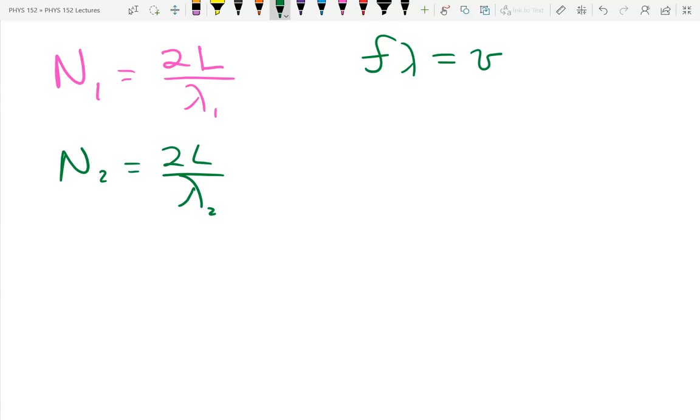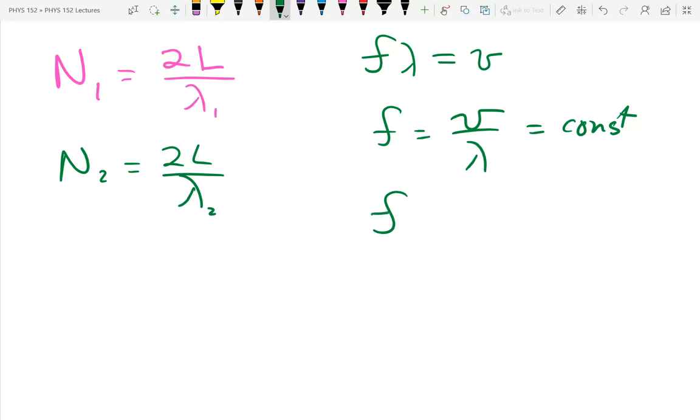If I have a string that's 2 strings knotted together, one thicker and one thinner, so you have different speeds, the knot has to stay together on both sides. Otherwise, you've broken it. So the frequency has to be the same on both sides. The wave speed will be different, but the frequency stays the same. So the frequency is constant.